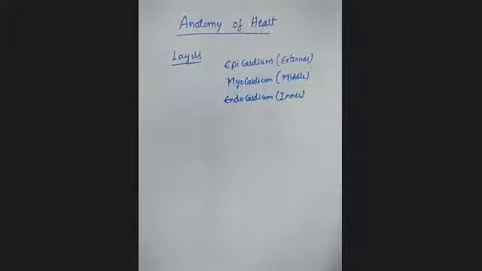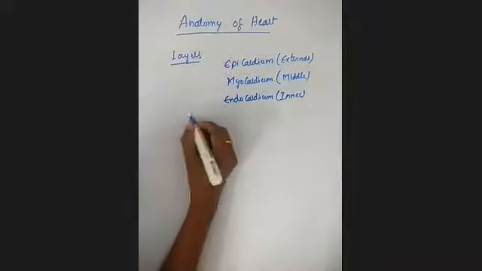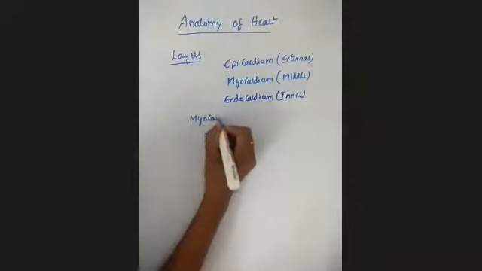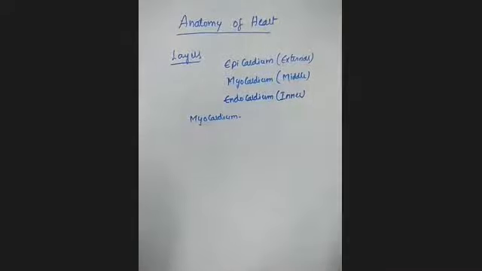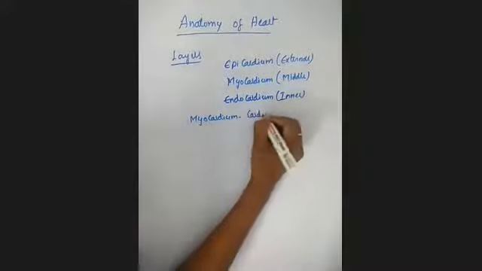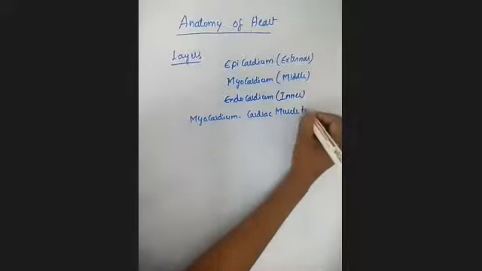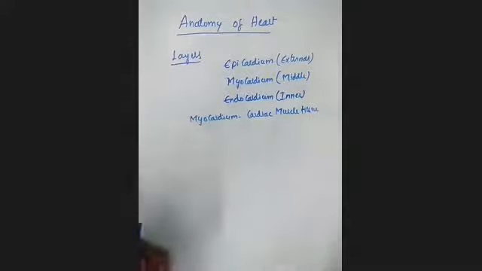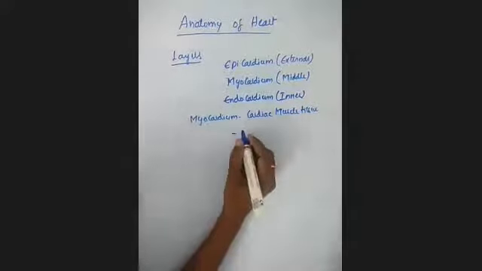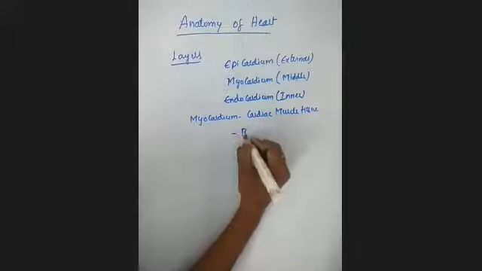Clear? Already we have seen about the epicardium, that is the inner visceral layer, which you will also call an epicardium. Next we'll see the myocardium. This myocardium you will also call cardiac muscle tissue, and it forms the bulk of the heart.